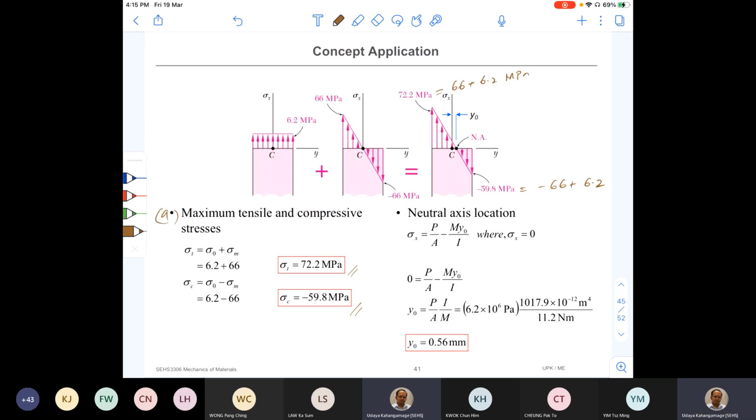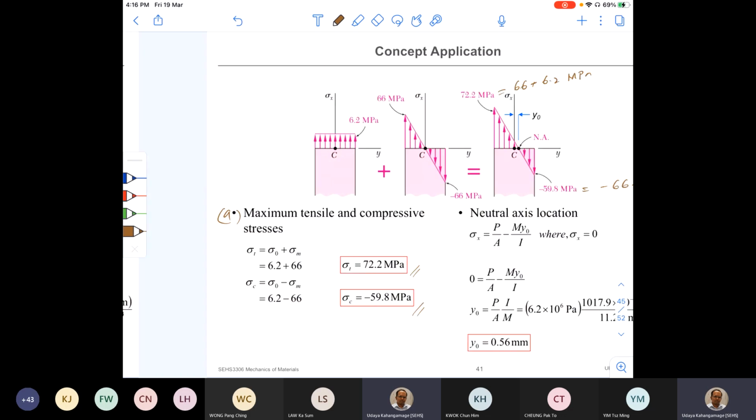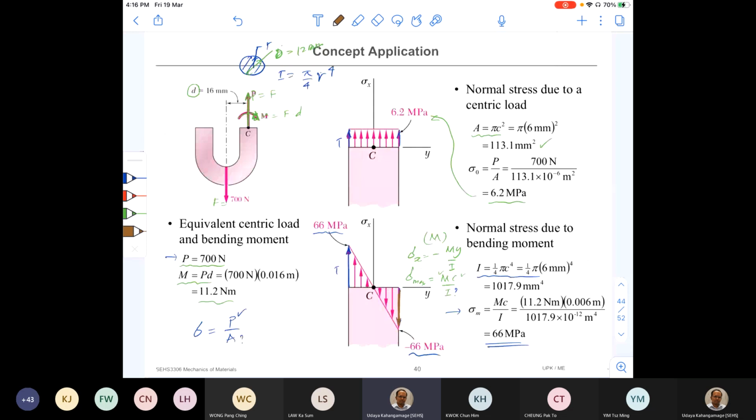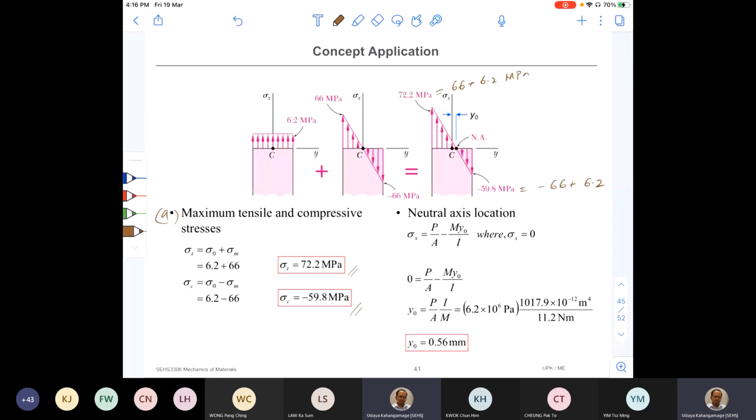Okay. Now I'm going to read part B with you. Part B says distance between the section centroid and the neutral axis. So here it is the neutral axis. This is the centroid. So why do we need to find this? Because when two loads are applied like this, our neutral axis is not going to pass through the centroid of the section.